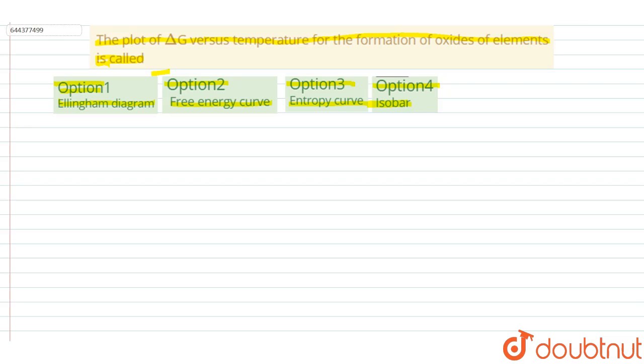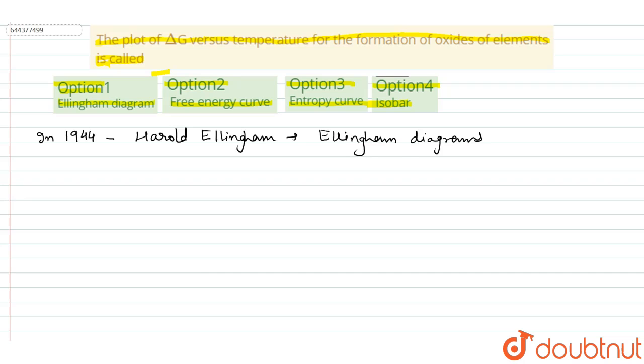So what happened? In 1944, a scientist named Harold Ellingham gave a concept of Ellingham diagrams. So for what were the Ellingham diagrams used?